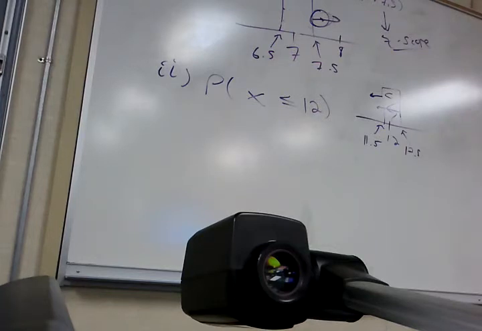I personally hate memorizing, so I always try to find a way that you don't have to memorize anything. It takes 3 seconds to figure out what to turn this into. You don't want to use the number 50. If the problem says use the normal approximation, you've got to remember that means I have to do this continuity correction. I've got to move it to one side or the other of the rectangle.